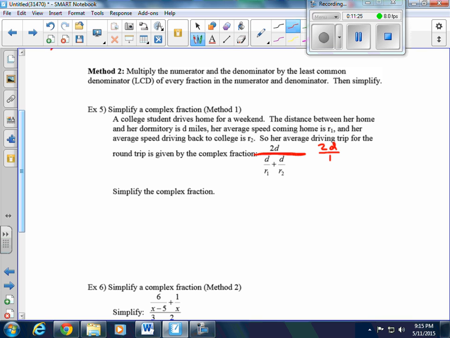And so method 1 says we're going to simplify each part of this fraction by itself. So we're going to take this part of the fraction, and we're going to get a common denominator there. So if we do that, my common denominator is going to be r1, r2.